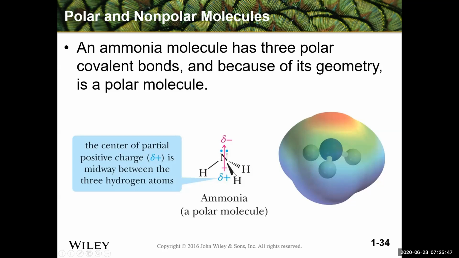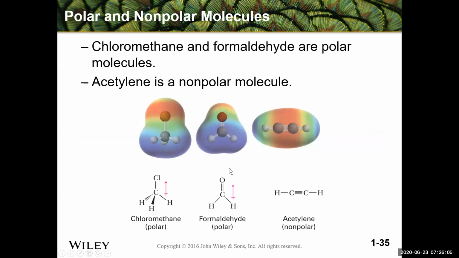So remember, if you want to depict a 3-dimensional shape, like for ammonia, it has a pyramidal shape. The electron geometry has 4 electron groups, so the electron geometry is tetrahedral. So ammonia is a polar molecule, okay?